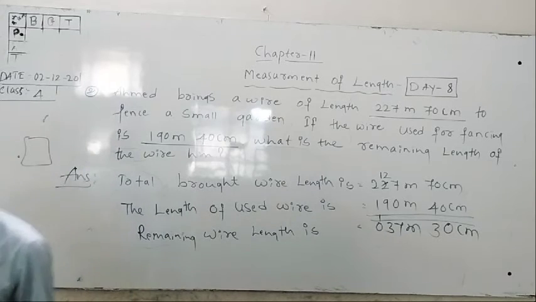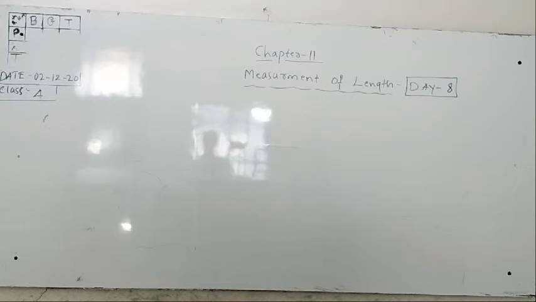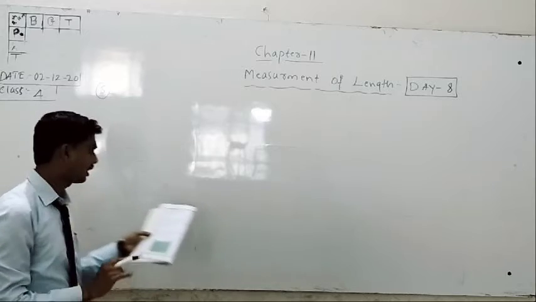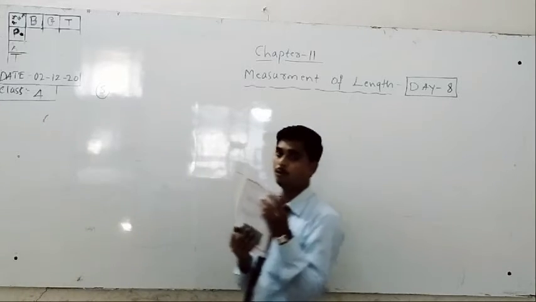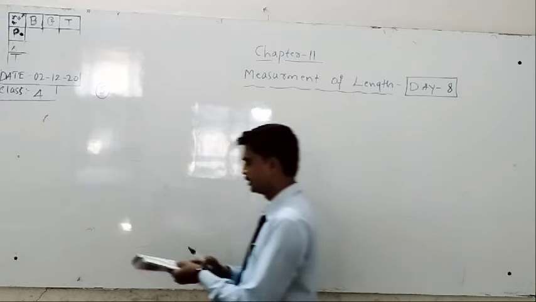Write down fast. You have the fifth problem, because the third and fourth you have to solve yourselves. I will show you how to solve, then you have to solve that type.